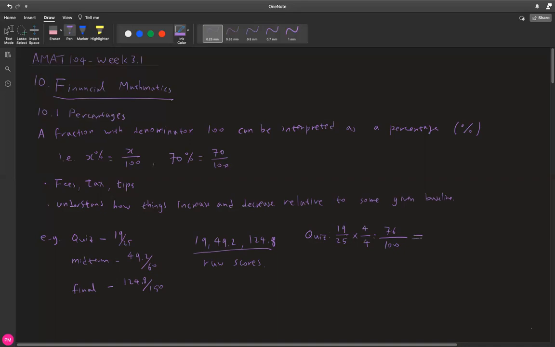So this would be the same as saying you actually received 76% in the quiz. Another easier way to go about this without really incorporating this 4/4 is you can simply do 19 divided by 25 and plug in the calculator, and that'll actually give you this number.